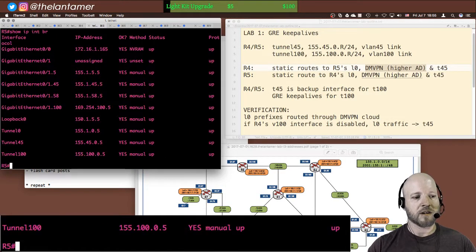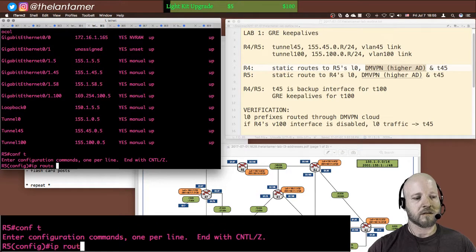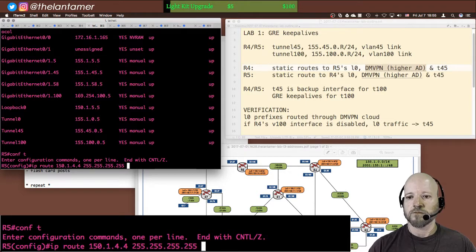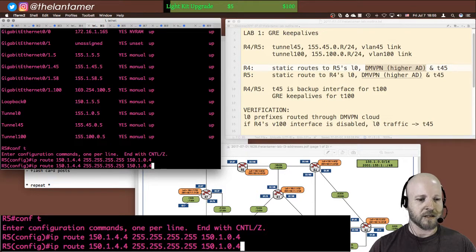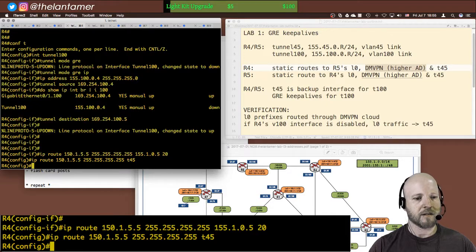Same on router 5. 150.1.4.4, excuse me. That's going to be via 150.1.0.4. And actually, that should have the higher AD. Yeah.